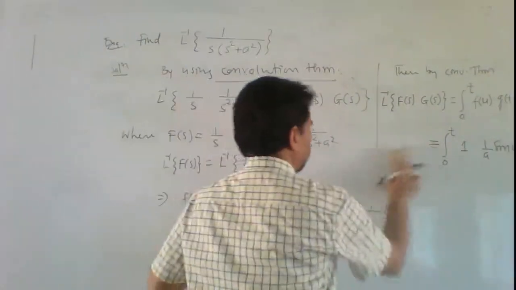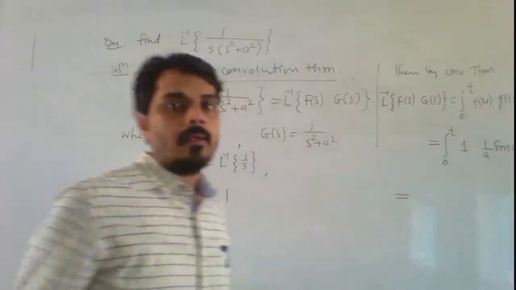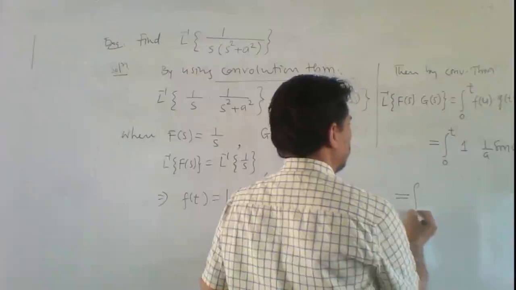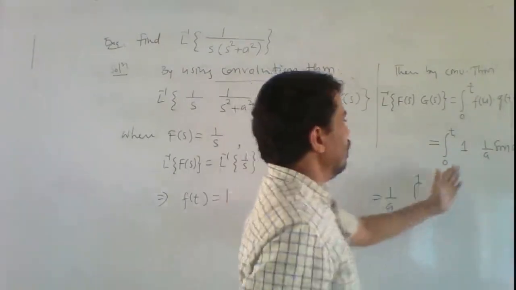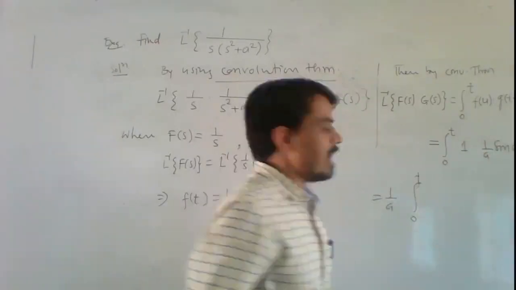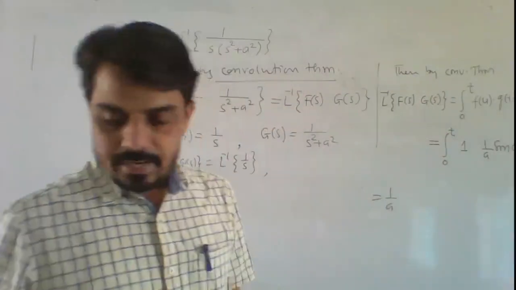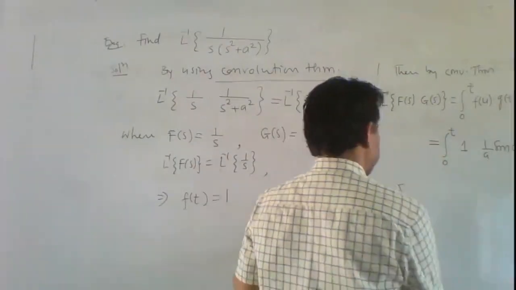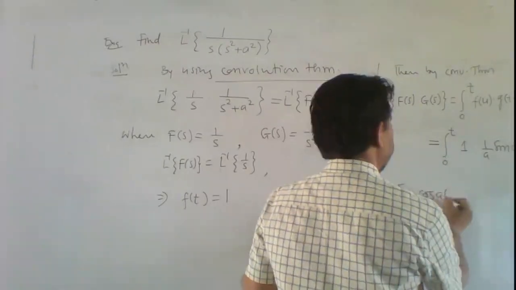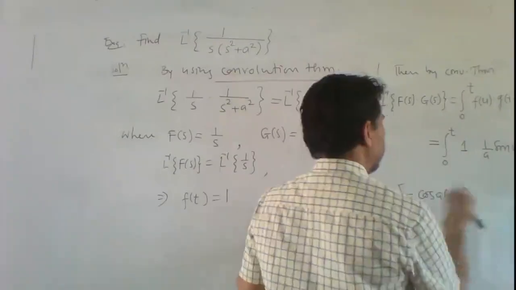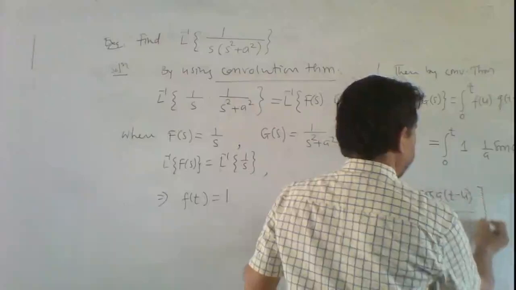Continue. This is equal to the integral from 0 to t, where 1 by a is constant. Now the integration of sin a into t minus u is minus cos a into t minus u divided by minus a, with limits 0 to t.